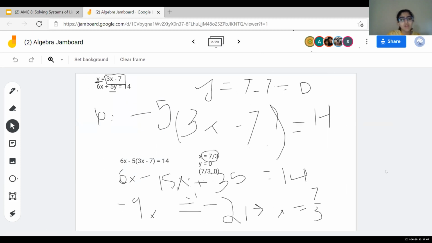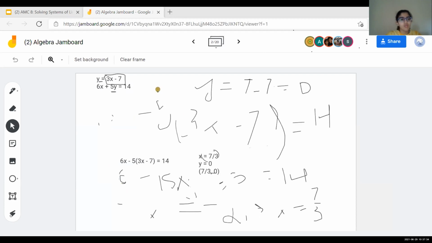Basically, we're going to plug this point into both equations and see if it works, if it actually makes the equations true. If it doesn't, that means it isn't the solution. But if it works for both of the equations, then it is a solution. Wait, is there something in the chat?